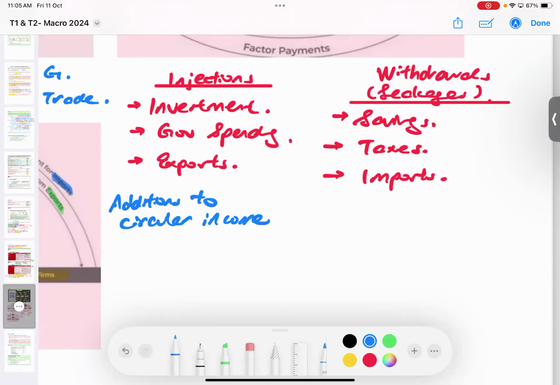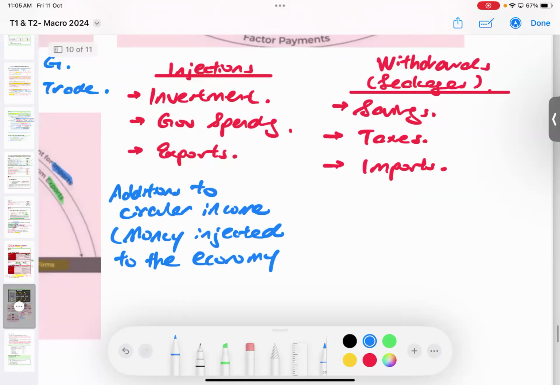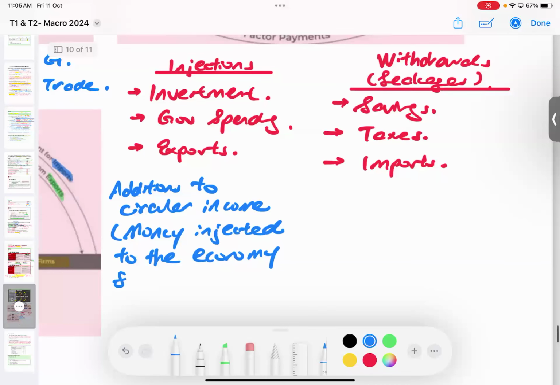That means money injected through the economy for spending on goods and services.